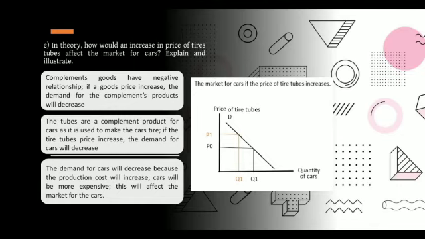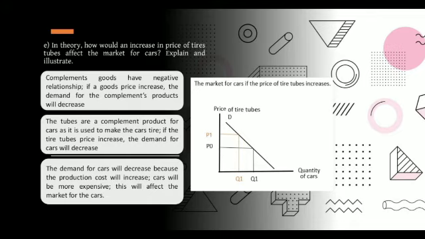Question E. In theory, how would an increase in the price of tire tubes affect the market for cars? Explain and illustrate. Complement goods have a negative relationship. If a good's price increases, the demand for the complement product will decrease.